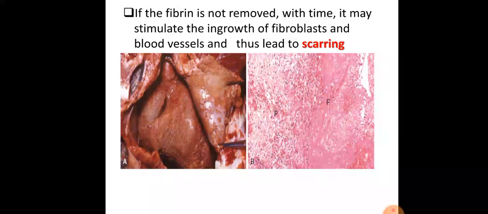In the picture on the left side, this is a pericardium, and there is a layer of fibrinous material, grossly, while under the microscope this meshwork of eosinophilic material represents the area of fibrin formation.